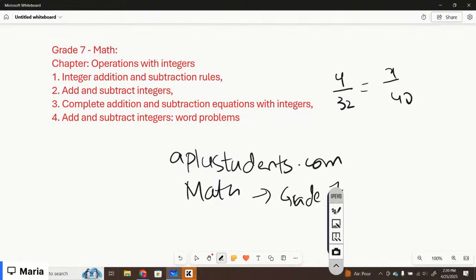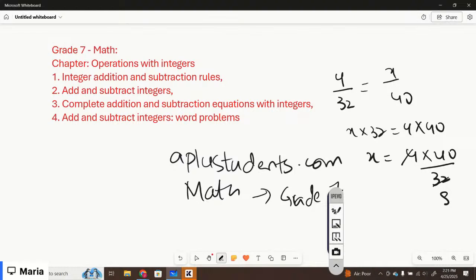Just cross multiplication and solve the equation for x. That is x times 32 equals 4 times 40. So x equals 4 times 40 divided by 32. Divide both sides by 32, right?